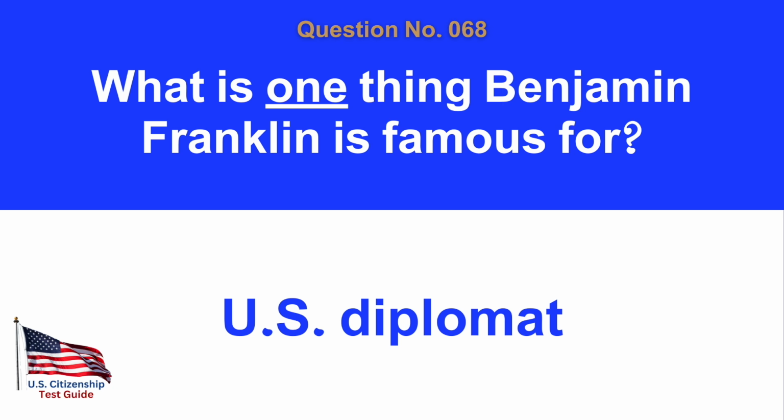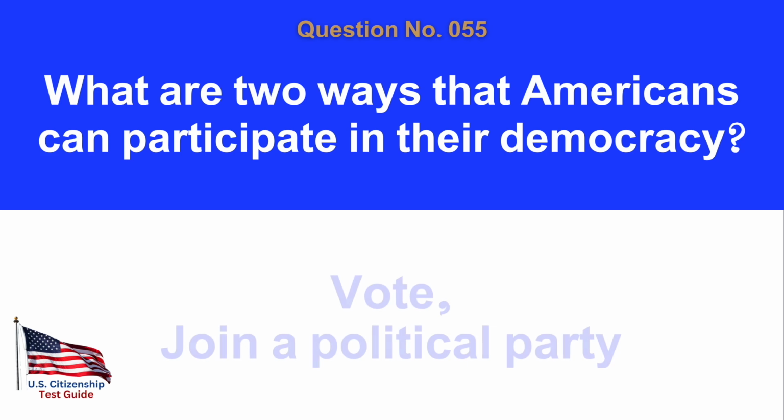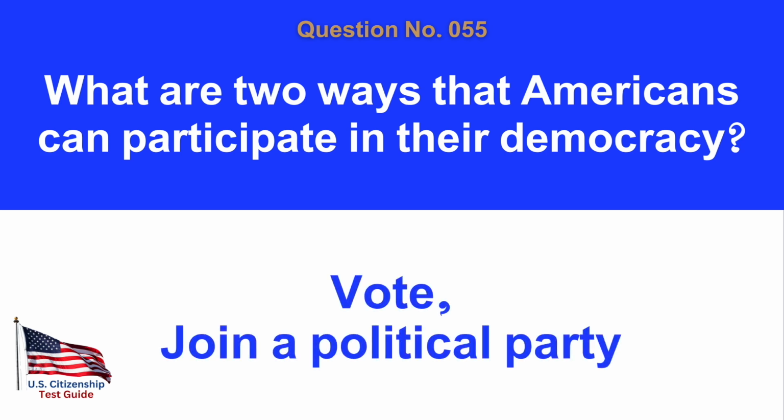U.S. diplomat. What are two ways that Americans can participate in their democracy? Vote. Join a political party.